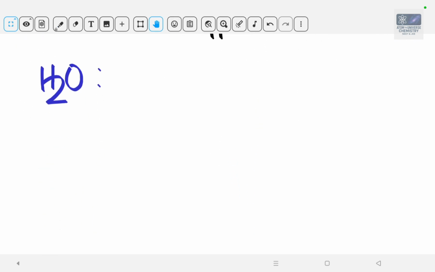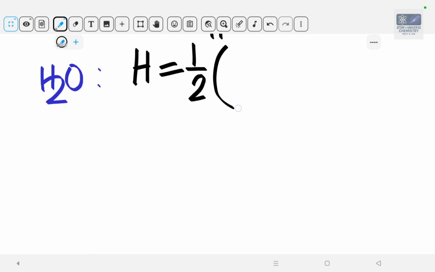After that we can take the example of water similarly. What is the number of electrons in the valence shell of oxygen?